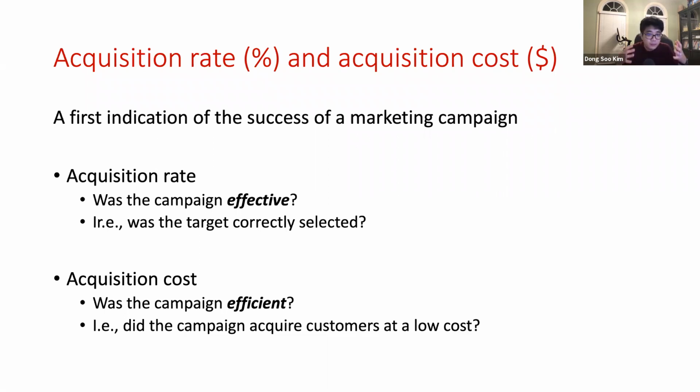But what if it was 0.1%? 0.1% acquisition rate means only 50 people out of 50K residents in Dublin, Ohio signed up. In this case, the campaign was not effective. A low acquisition rate usually appears when the target was incorrectly selected.